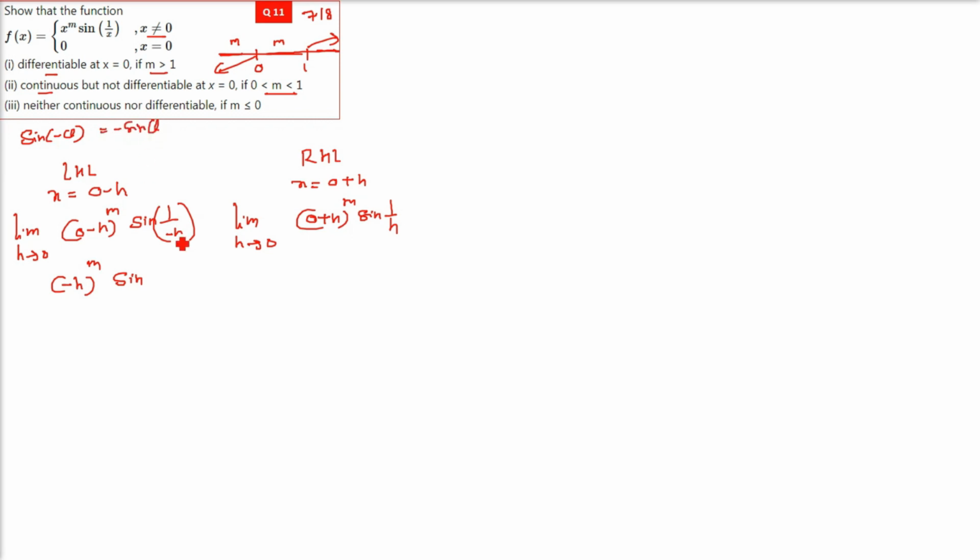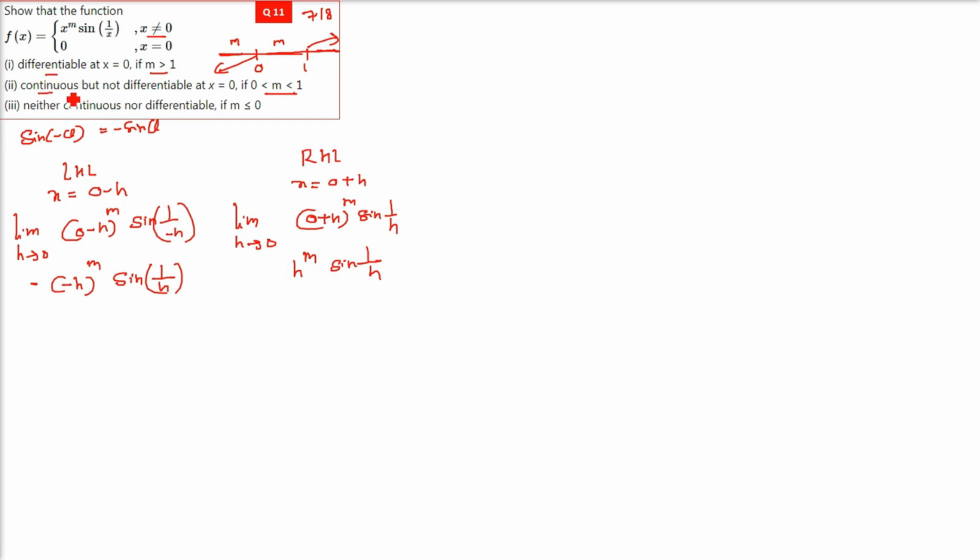Cos minus theta is plus cos theta, but sine minus theta is minus sine theta. So let us take a negative outside, it will be sine 1 by h. Here also, limit h tends to 0 goes everywhere. It has to be written with every step. Remember, h raised to m, I am doing LHL and RHL at the same time. H raised to m sine 1 by h.